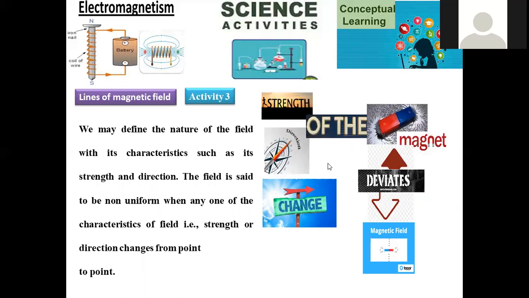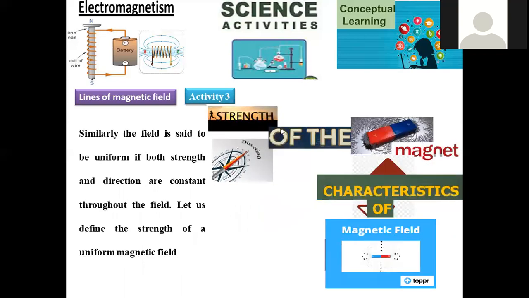Now we have two characteristics. If you change the strength and change the direction, obviously there will be a deviation in the magnetic field. And the second condition, if strength and direction are in the righteous way for the given magnet under consideration, then these two are the important characteristics of the magnetic field.